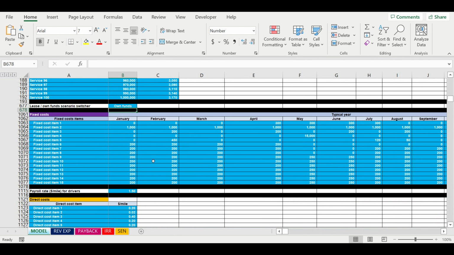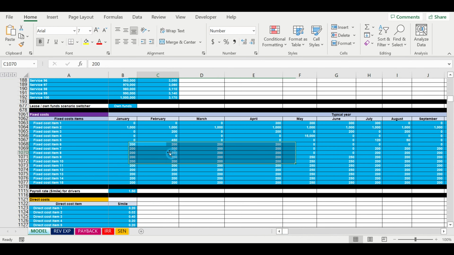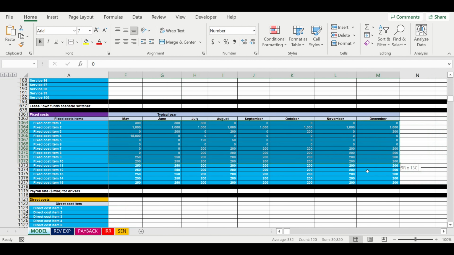So we can quickly use this to switch on and off. So also when we operate our truck, we may have also some fixed costs. Here we have the block of inputs for fixed cost. Here is the typical year from January to December. And if we have some seasonal fixed costs, we may also specify them here.